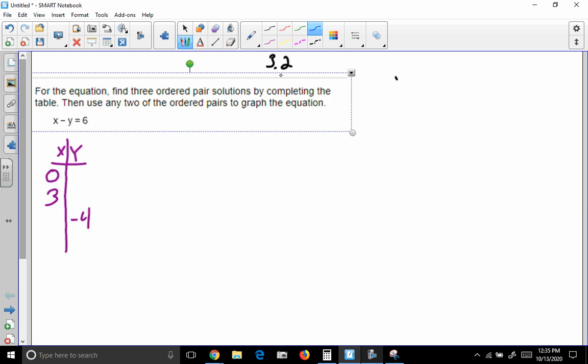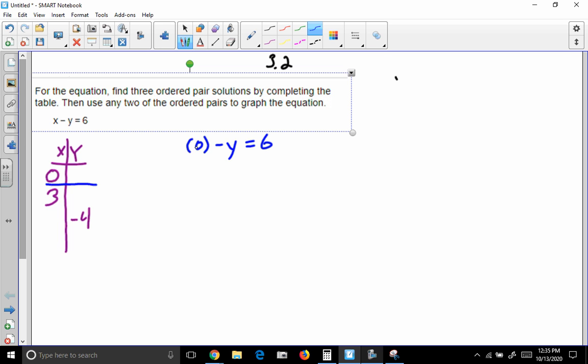So let's find the other part of our ordered pair for each of these. So when x is 0, we're going to substitute a 0 into our formula. We'll put a 0. Notice there's still a y in our equation. So what we're trying to find out is when x is 0, what is y?